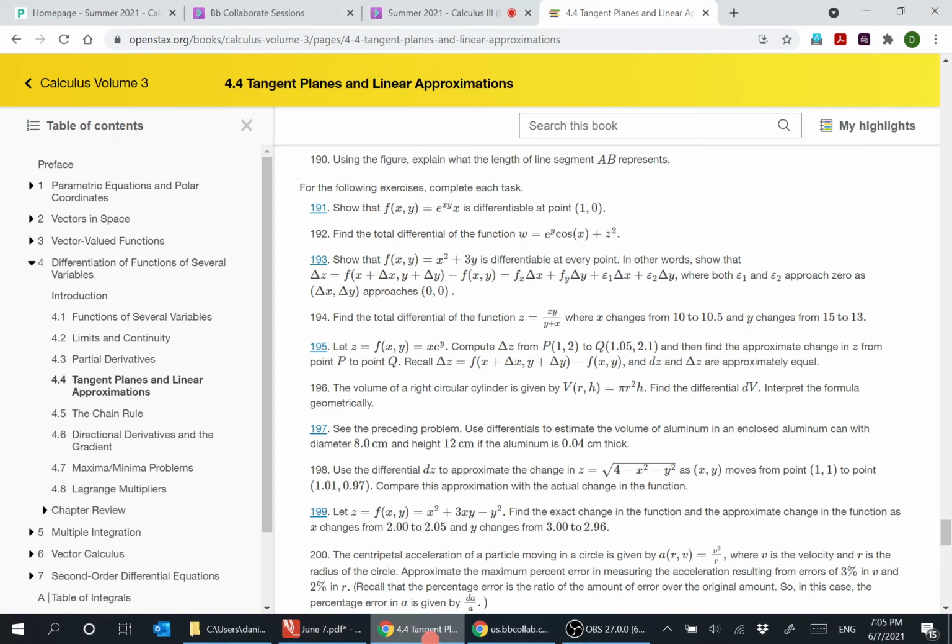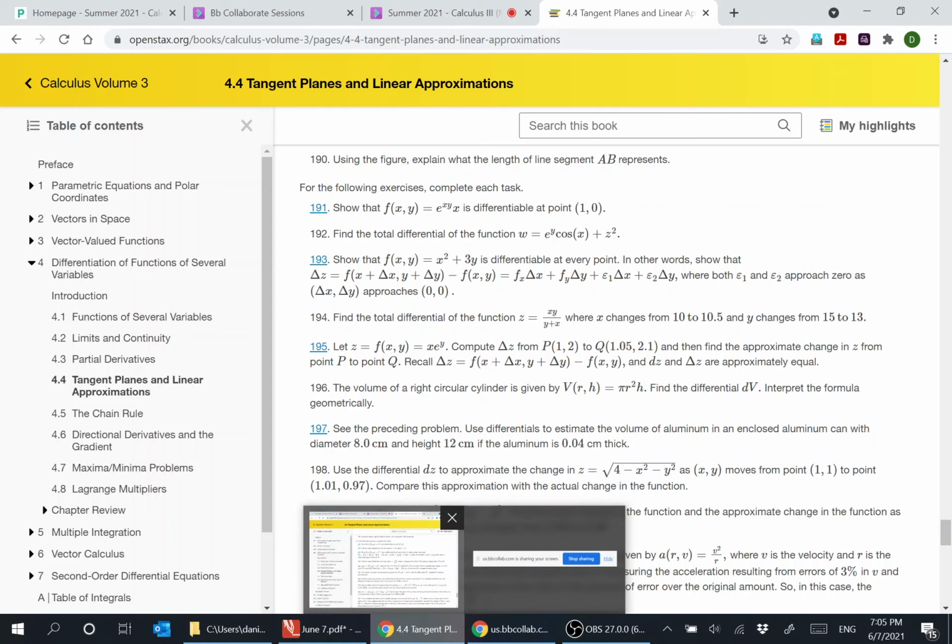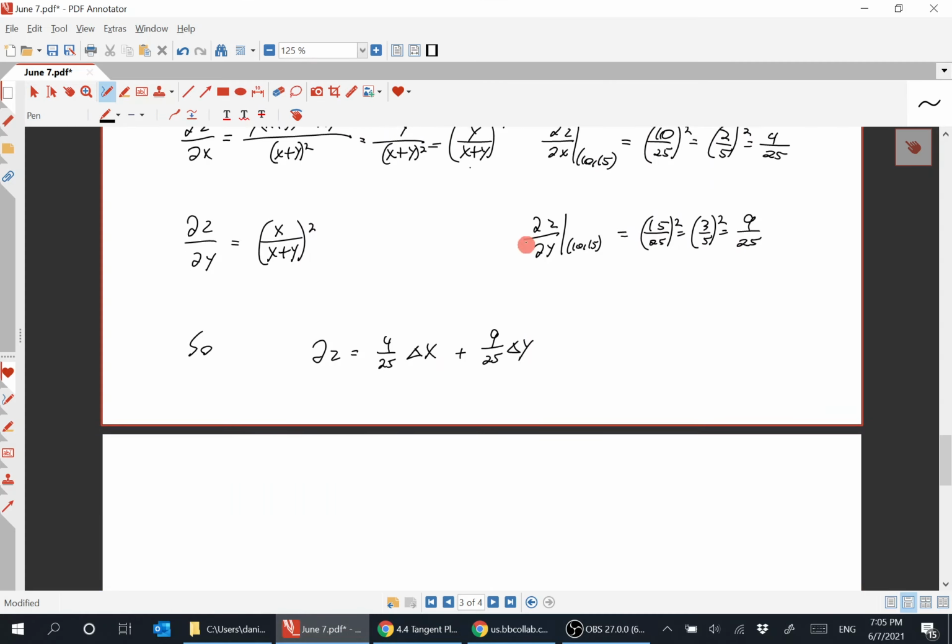So in the problem, they're asking you to find the total differential where x changes from 10 to 10.5 and y changes from 15 to 13. So what are delta x and delta y?